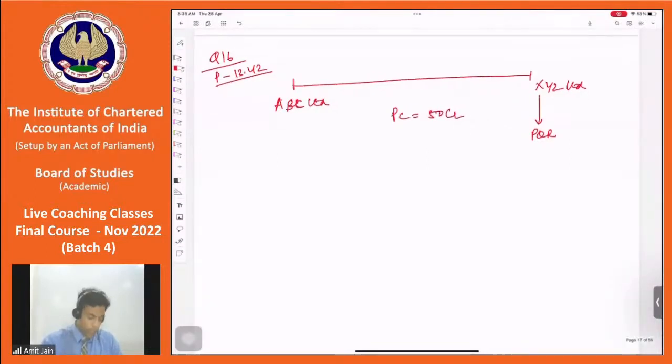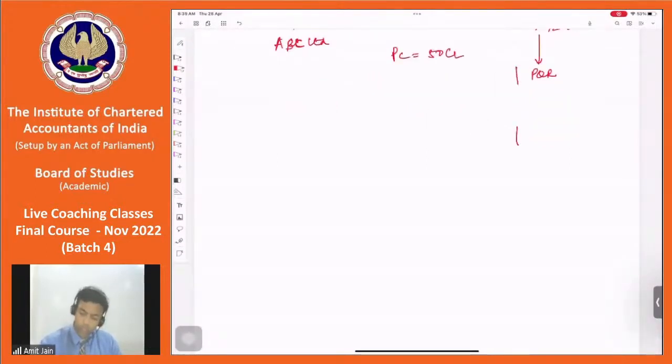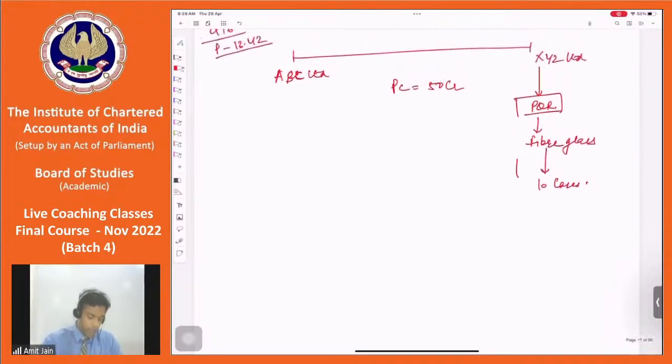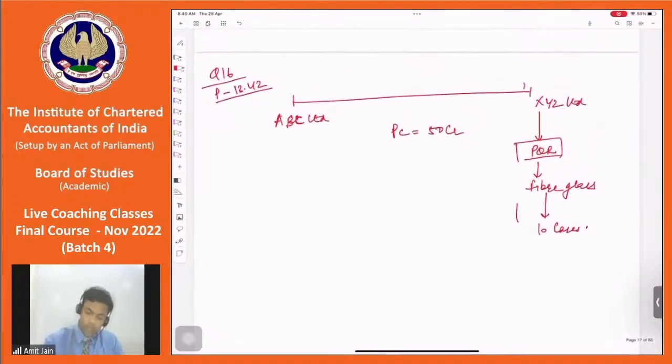PQR Limited manufactured products containing fiberglass. So this is preparing fiberglass. And it has been named in 10 cases, 10 cases outstanding in the court. XYZ agrees to indemnify ABC for the adverse result of any court cases up to an amount, so indemnification asset up to 10 crores.